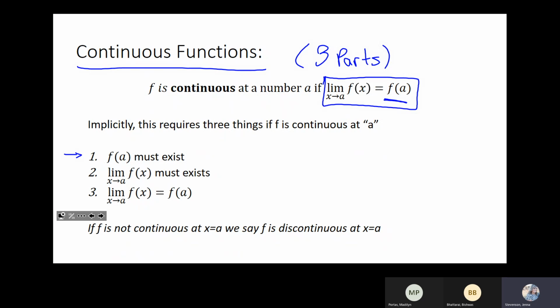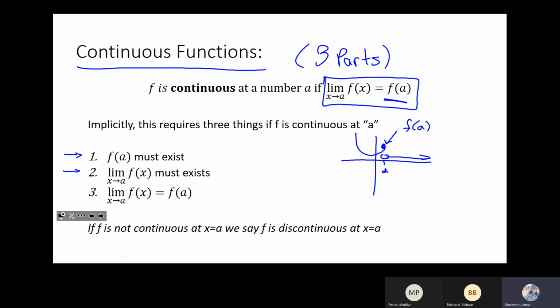Okay. Number 2, we have to check that the limit exists. And trust me, just because f at a exists doesn't mean that the limit exists. If I had a function, let's say, that, I don't know, looked like this, right? This is a function. And even though, let's say this is a, f at a exists here, but the limit doesn't exist at a.